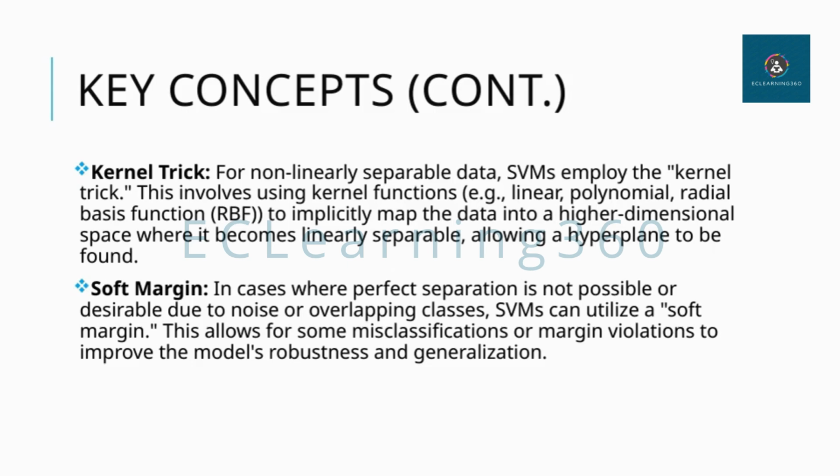So, instead of forcing a perfect boundary that might overfit, the soft margin provides a more flexible approach that balances accuracy and robustness. Together, these concepts, kernel trick and soft margin, are crucial because they help SVMs handle complex, real-world data more effectively, aligning with our overall goal of creating models that are both accurate and resilient.